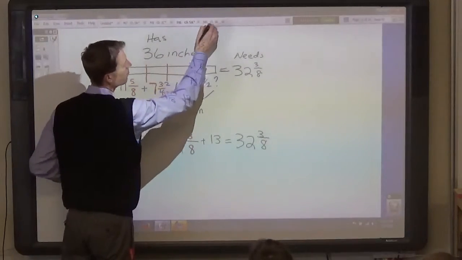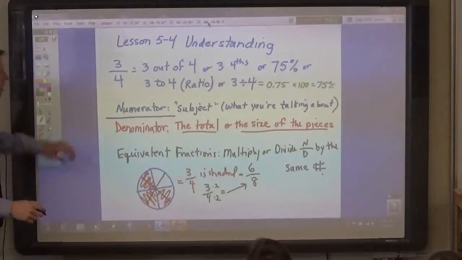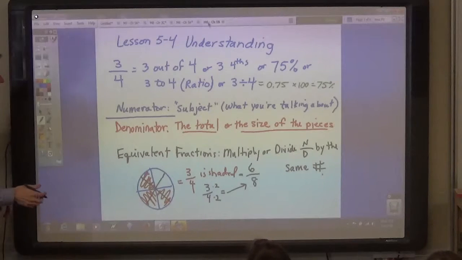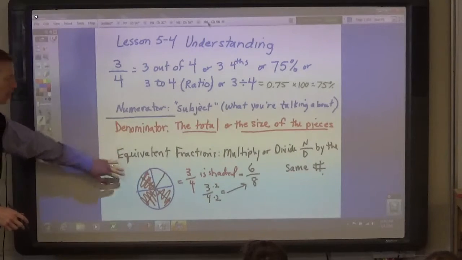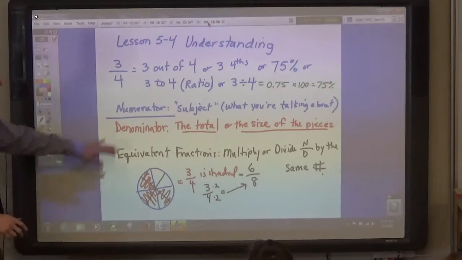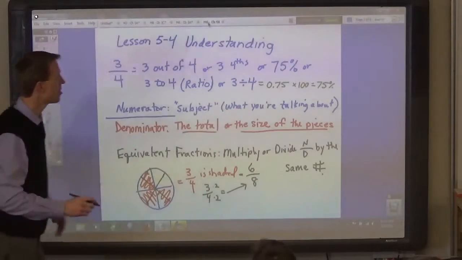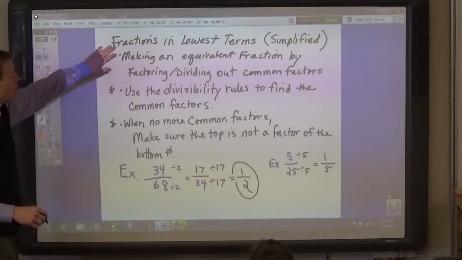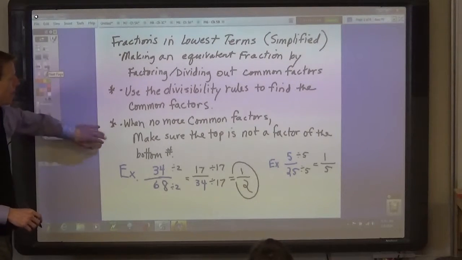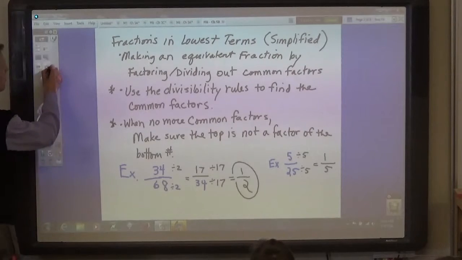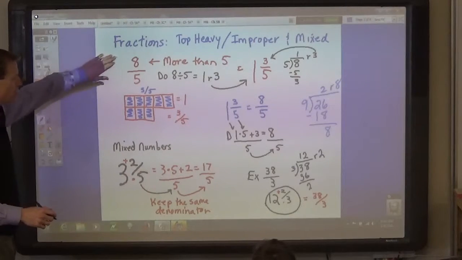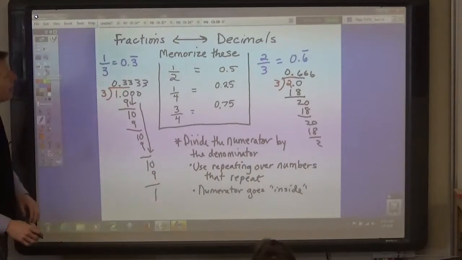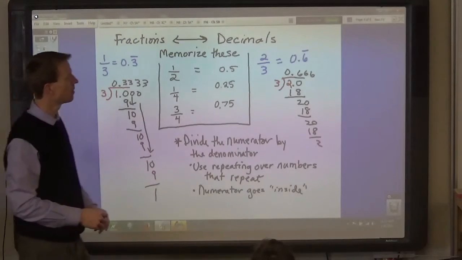And then we went through understanding fractions again, fractions of the total, and what percent is when it comes to fractions. Fractions in lowest terms, and top-heavy fractions. We talked about top-heavy fractions again, and fractions to decimals.